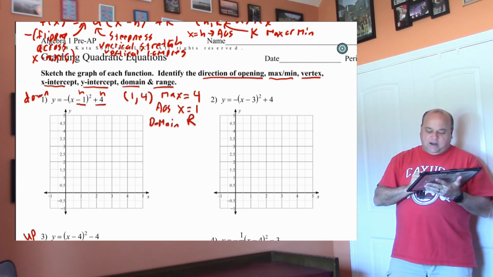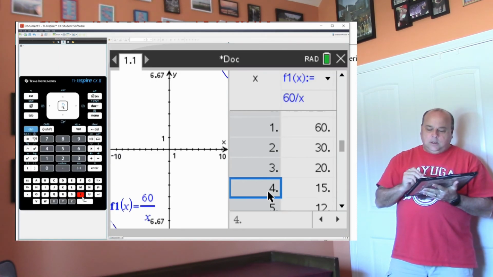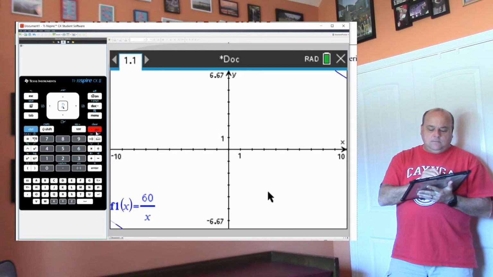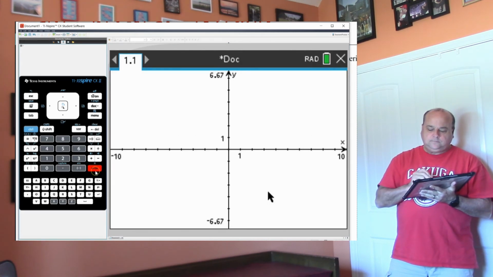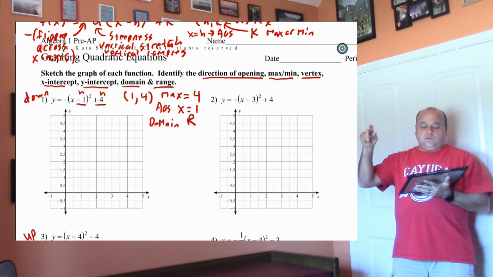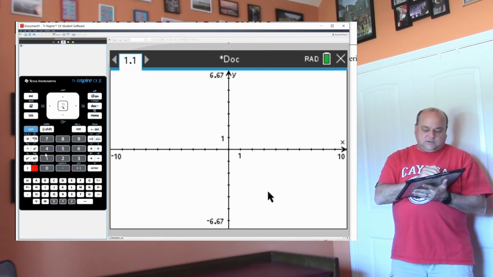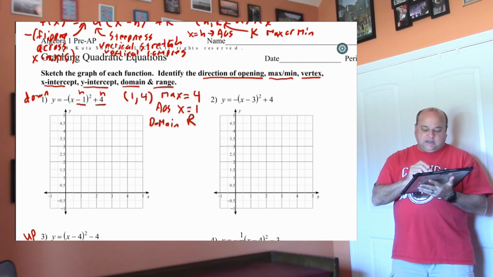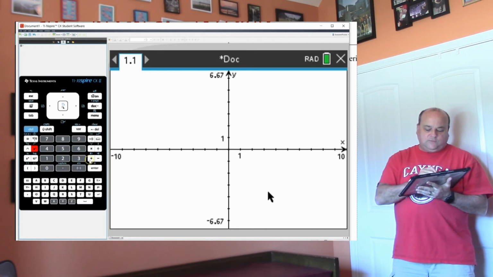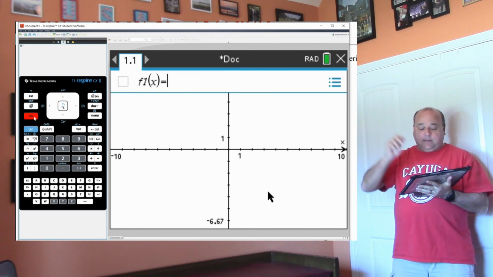So now let's graph it. We're going to go to the calculator. I'm going to get rid of my table, then hit delete, delete, delete. We're going to type this in as is: negative x minus 1 squared plus 4. I need to type in the tab first to get the equation.